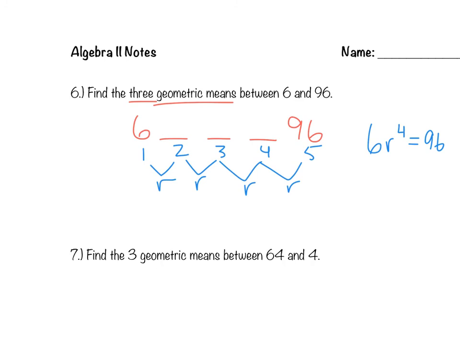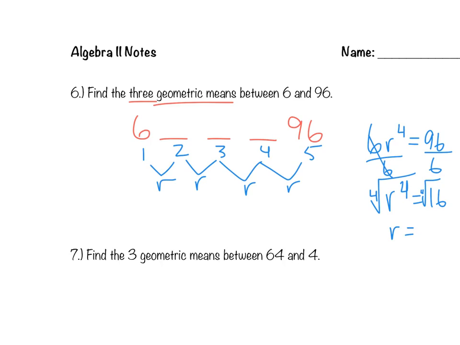So when we go to solve and divide by 6, ratio to the 4th will equal 16. And then you apply the 4th root to that, and you get r is, now here's where it might be a little confusing.